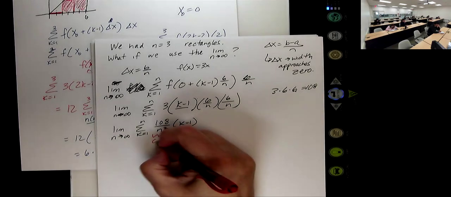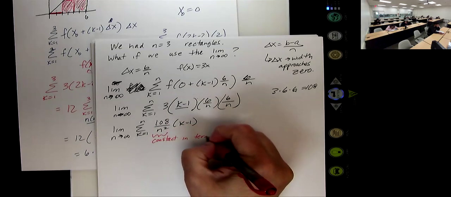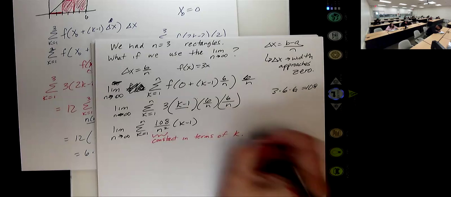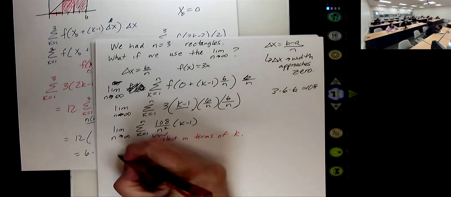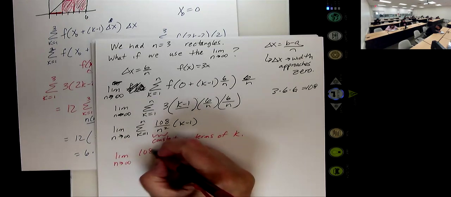This is constant in terms of k, which means we can pull it out front.